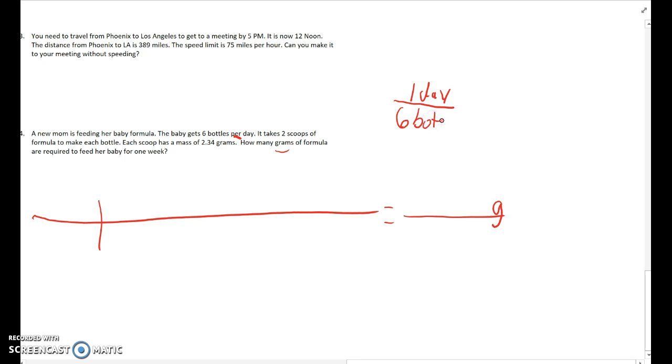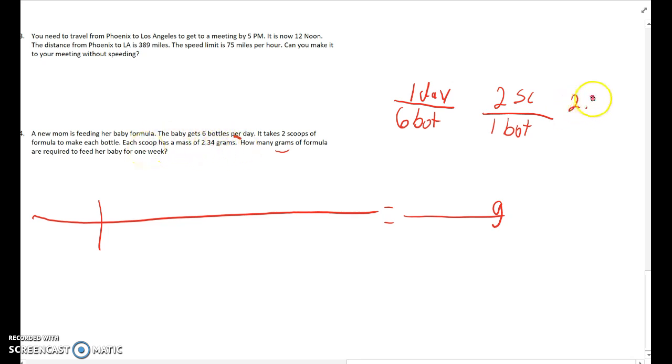That's a conversion factor. 2 scoops of formula to make each bottle. So that's 2 scoops per bottle. So 2 scoops for 1 bottle. Each scoop has a mass of 2.34 grams. So I have 2.34 grams per scoop.